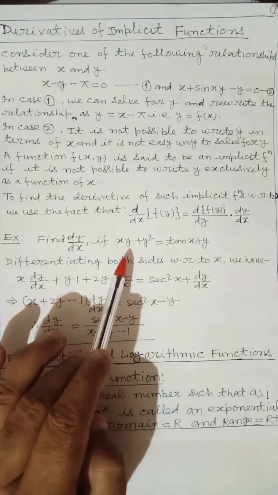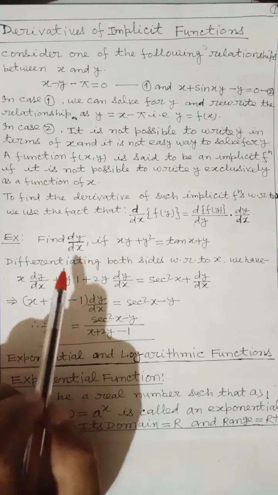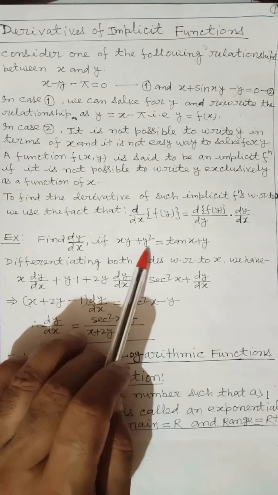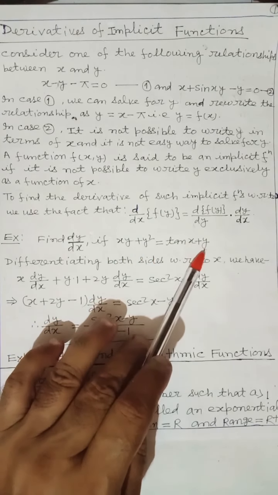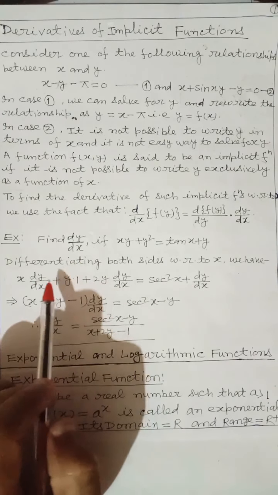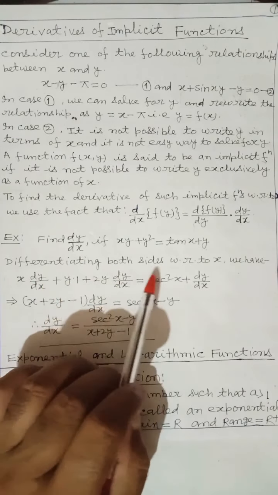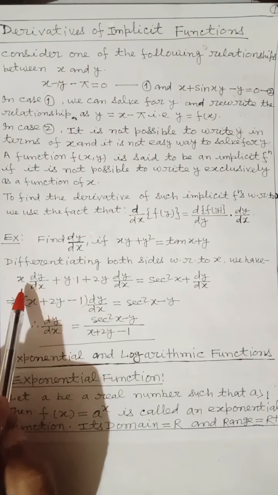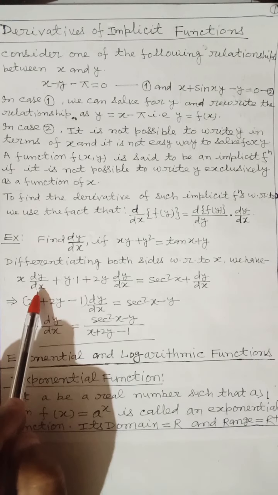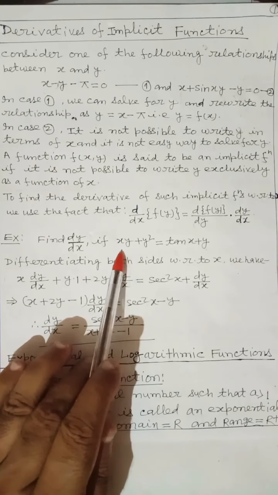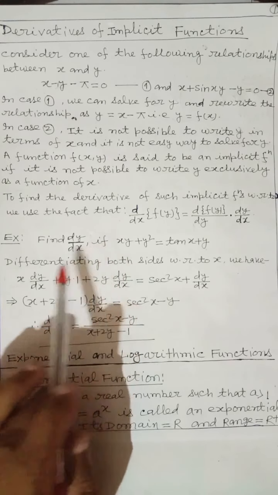Find dy/dx if xy plus y square is equal to tan(x plus y). Here, differentiating on both sides with respect to x, we have, in xy we use the product rule.